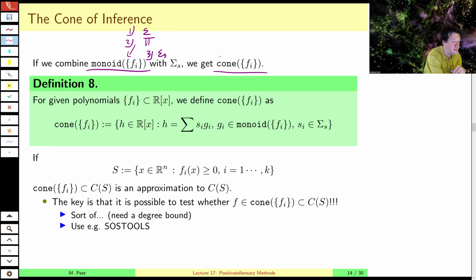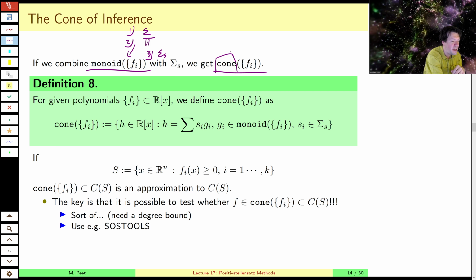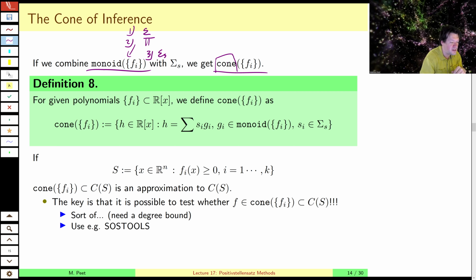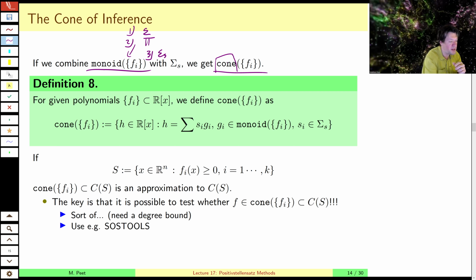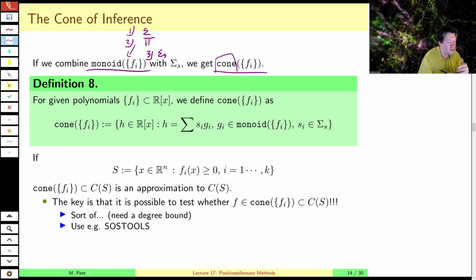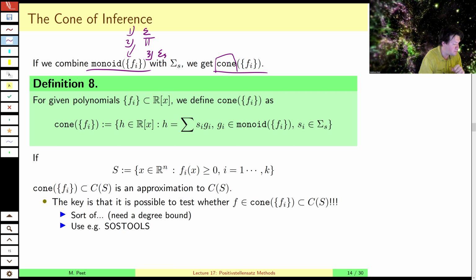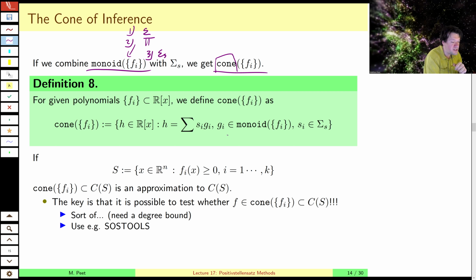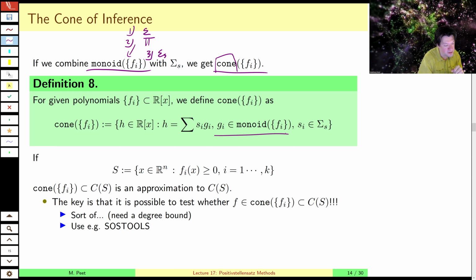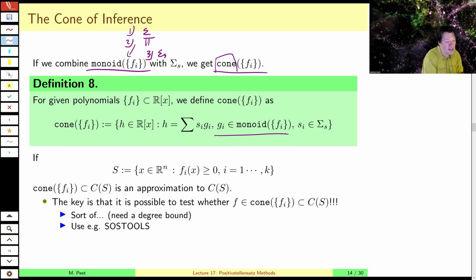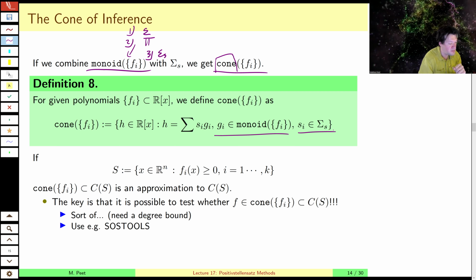And here I write it in this sort of typewriter, MATLAB-style characters to avoid confusion. This is a different cone than the one we had before, right? So basically it includes all terms in the monoid, but it adds sums of squares as well.